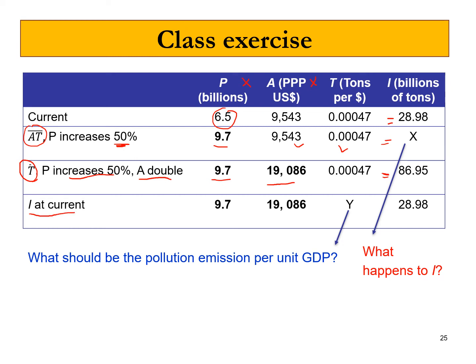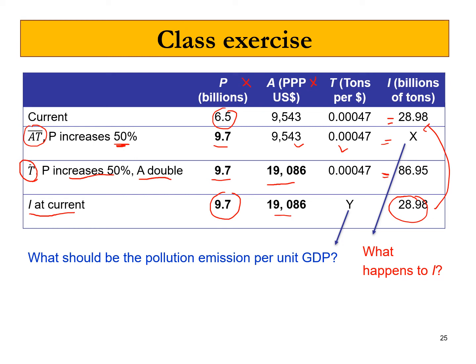Okay, the last scenario, our I, or environmental impact, is at the current period. What is our I in the initial period? We have 28.98 billion tons. So it is the same as our initial value. Our population has increased by 50%, so you have 9.7. Our affluence has doubled, we have 19,000 plus. And what should be the pollution emission per unit GDP?